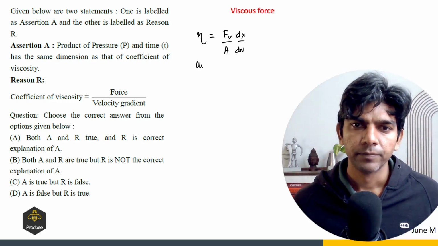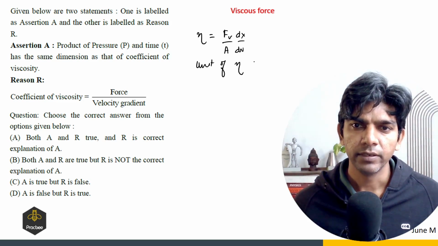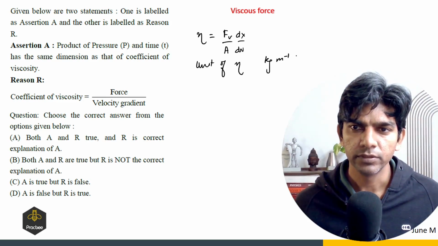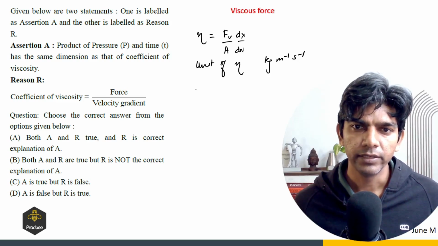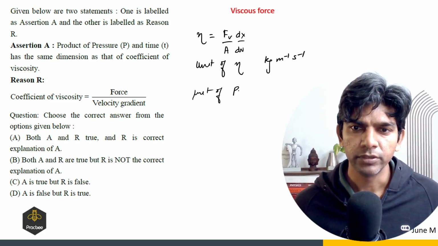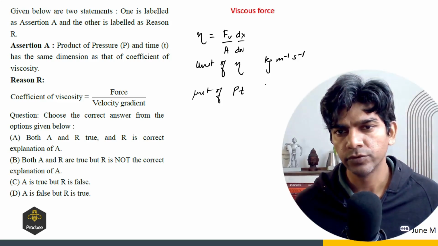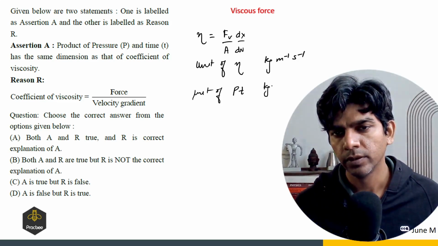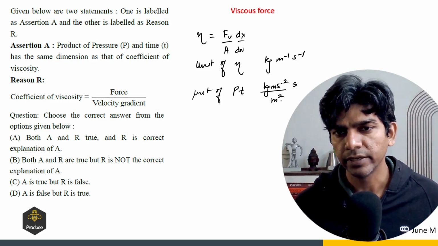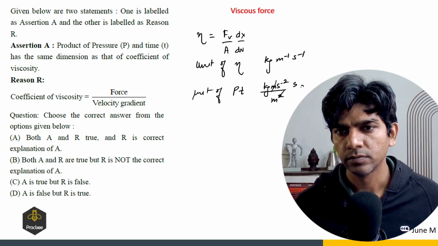Okay, so the unit of eta will be kilogram meter inverse second inverse, whereas unit of pressure times time, pressure is force upon area, so that will be kilogram meter second raised to power minus 2, force upon area will be meter square times the time, that is second. So this will give us kilogram meter inverse second inverse.